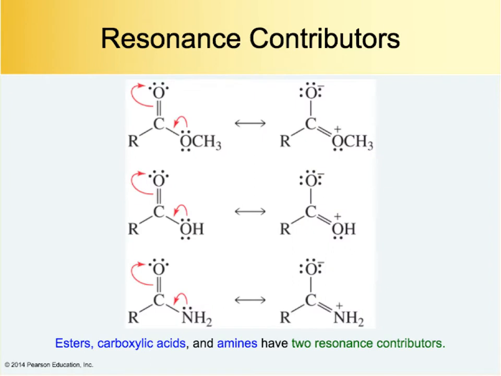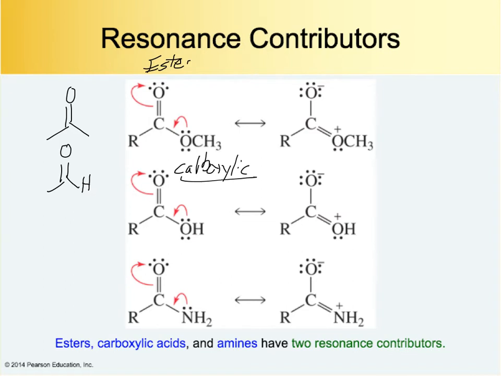If you go back one slide, you can see there's a negative charge and a plus charge in this resonance form, for what we were calling the carboxylic acid derivatives. I'm going to draw a ketone and an aldehyde. The difference is with something like an ester, a carboxylic acid, or an amide: the group off of there.